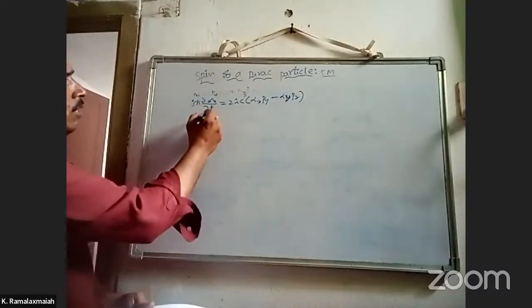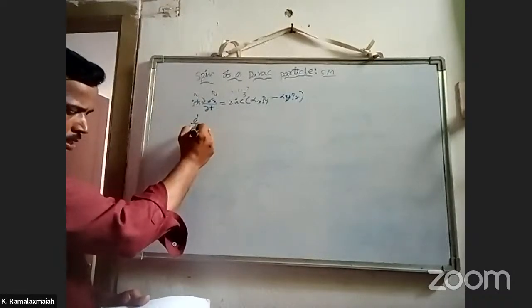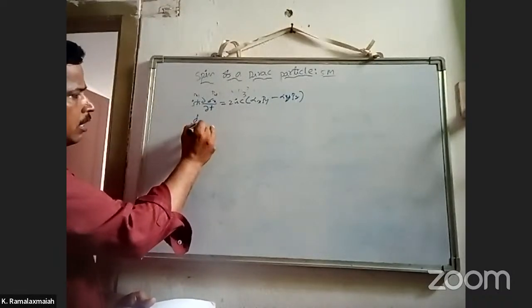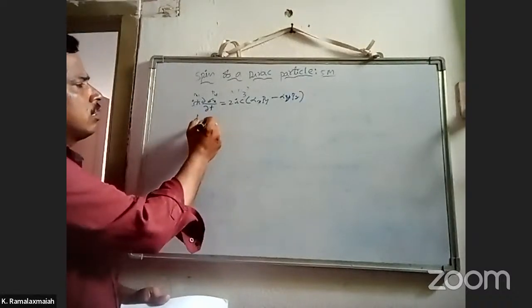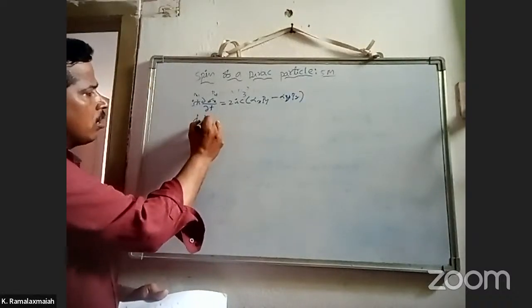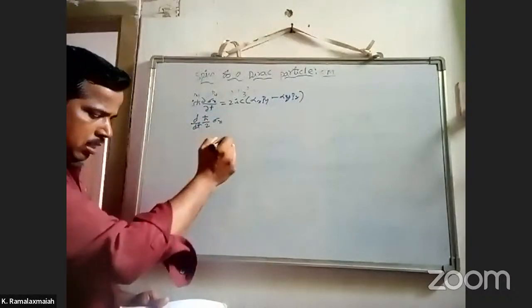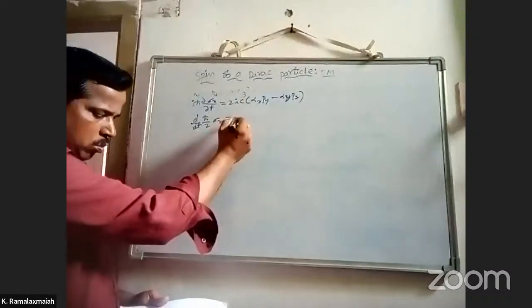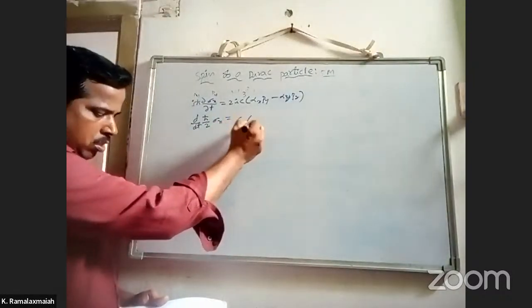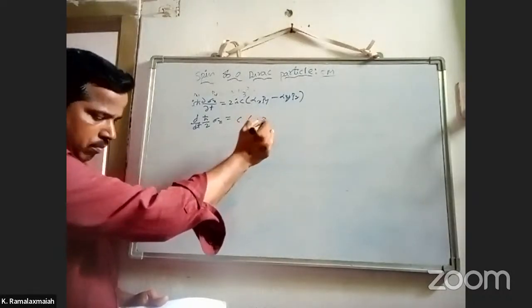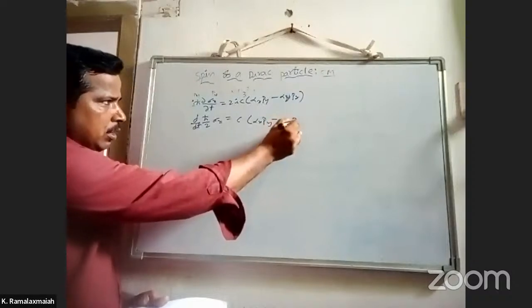Next, your derivative d by dt, sorry. d by dt, the derivative formula, h-bar by 2 into sigma x is equal to c into alpha x py minus alpha y pz.